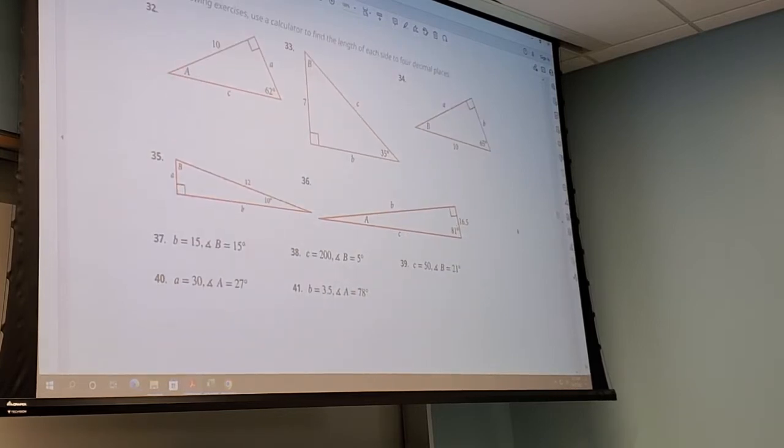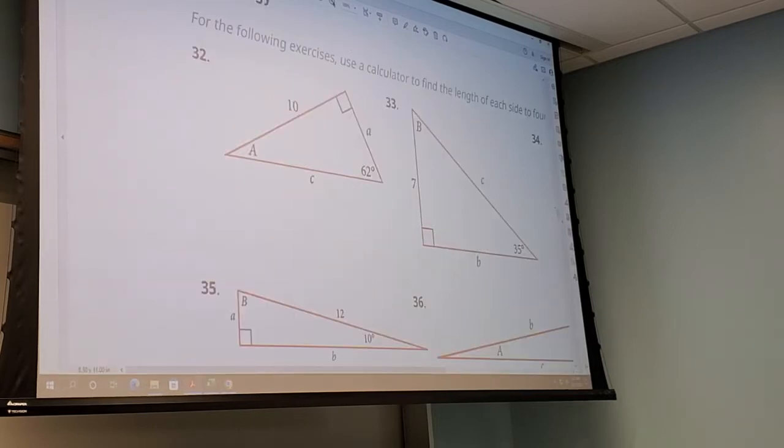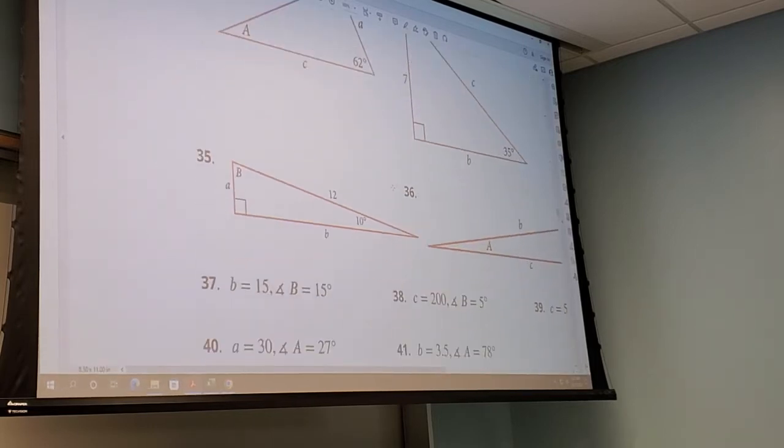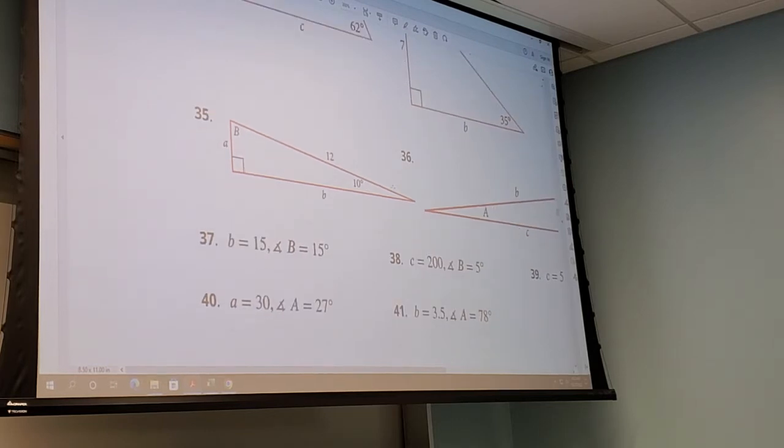Let me see. Yeah, let's look at this one real quick. Yeah, let's look at 35. Look at that funky 35. Okay, real quick. 35. Because I'm pretty sure I didn't assign that one, so we can look it up. It wants me to figure out the other angles in this.